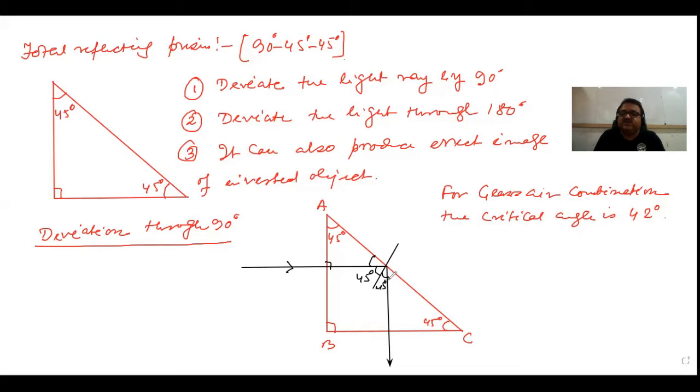If this is 45, this angle is also 45 because the total angle is 90. And if this is 45 and this is 45, this must be 90. That means the ray of light will be incident on the surface BC normally. And when it falls normally on the surface BC, it is falling along the normal, so no light will bend and it will follow this path and move outside like this.